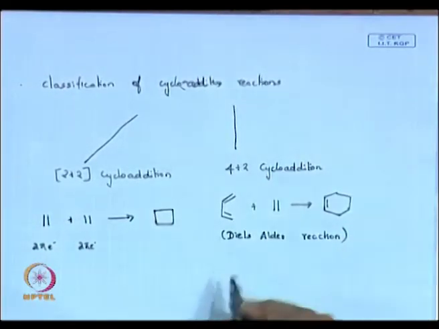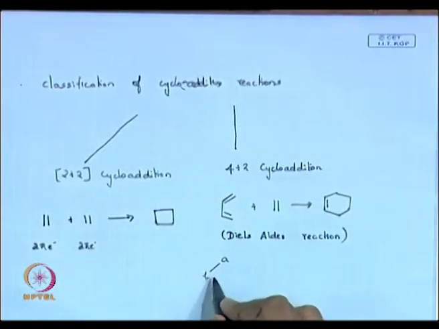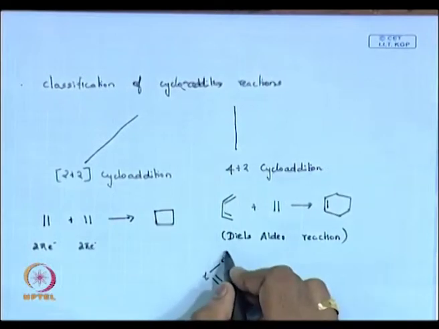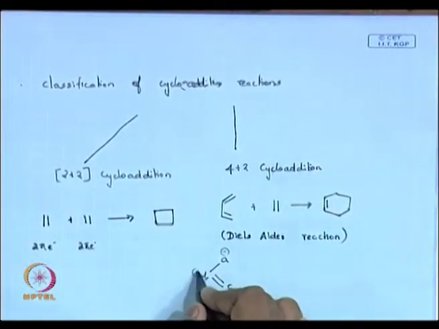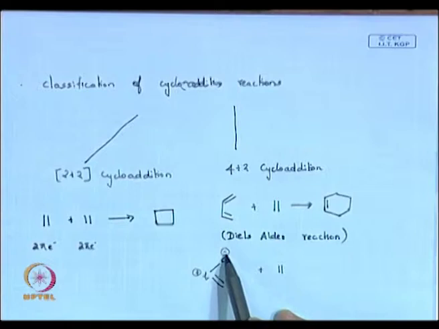Then we can even have a system like this, where you have A, B and C with your electrons on A. Again, if you see, this is a 4 electron system, where you have 2 electrons here and 2 electrons here.